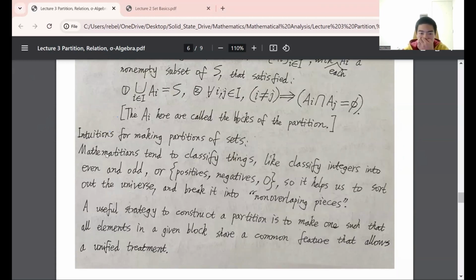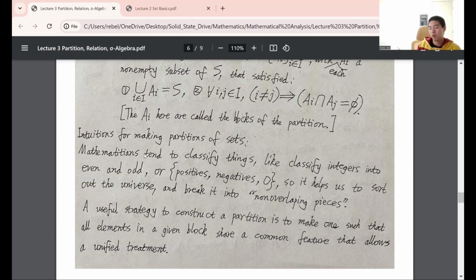Let's get some intuition for why we always need partition. Intuition is very simple because mathematicians like to classify things. They want to form classes. Like they want to form what is a real number, what's not a real number, which is called imaginary numbers.